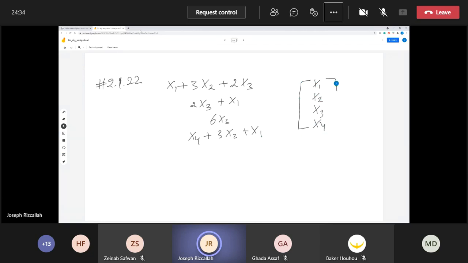Okay, so the question is, what matrix should I multiply by in order to get my expressions? So I need to find this matrix here.